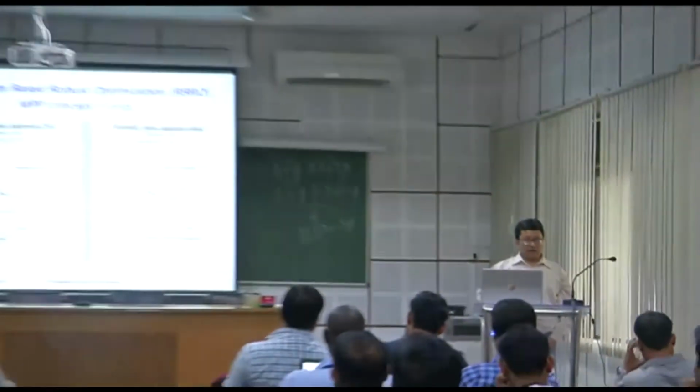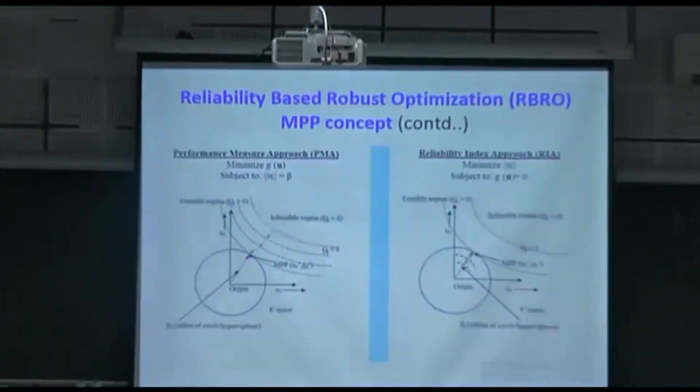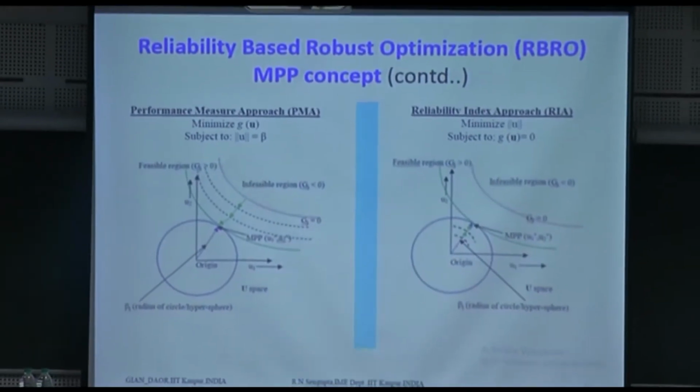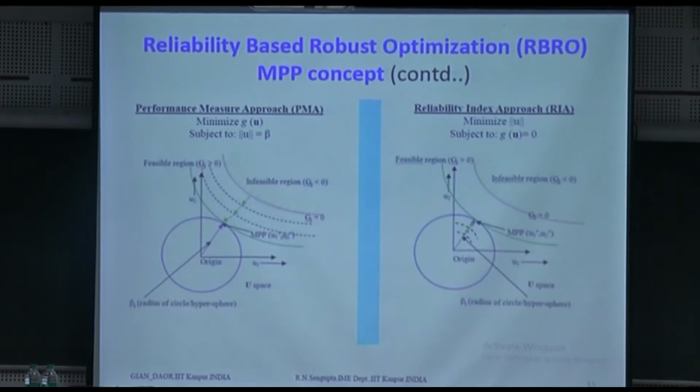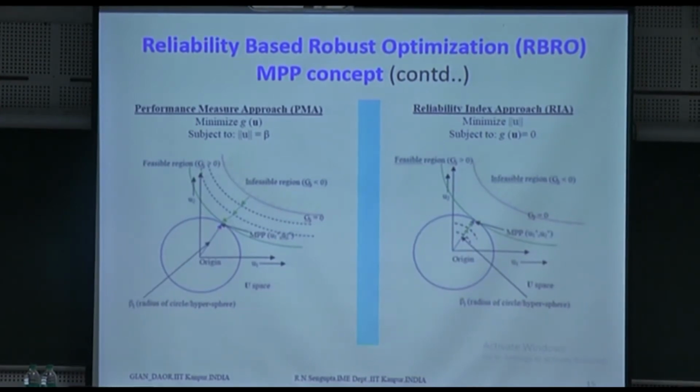Now this most probable point of failure, as I said, you solve this in the U space, find out U, do the inverse mapping, come to X space, find out the X, optimize. Check the optimization value of f of x1 minus f of x2, that mod is less than or equal to epsilon, whatever the epsilon value is.